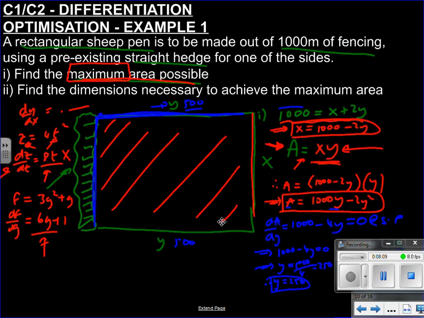So the maximum area produced is when y equals 250. And if y is 250, then we know that x is 1,000 minus 2 lots of y. So therefore, x must be 1,000 minus 2 times 250 equals 500 meters. Okay, so there's your dimensions.